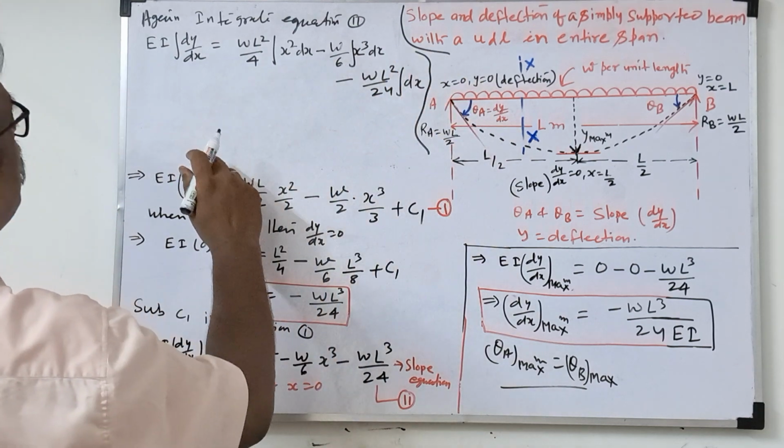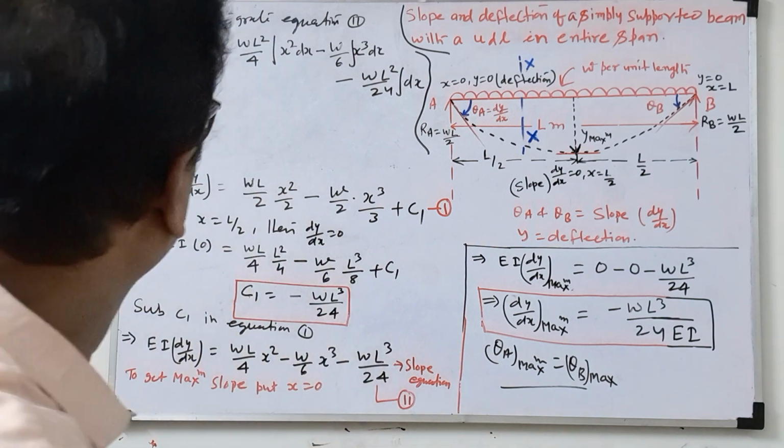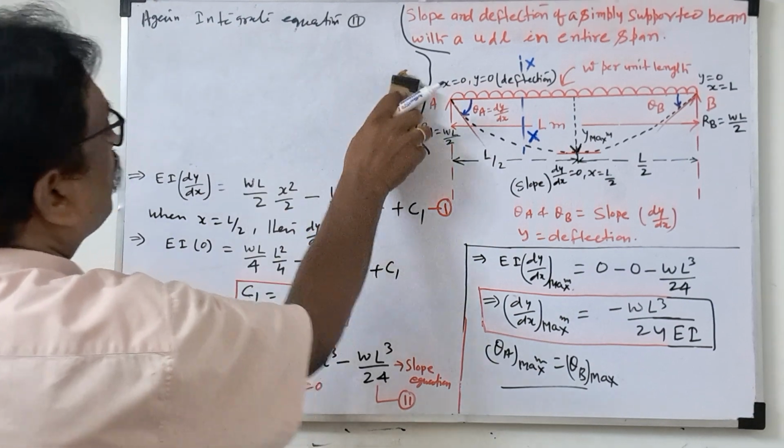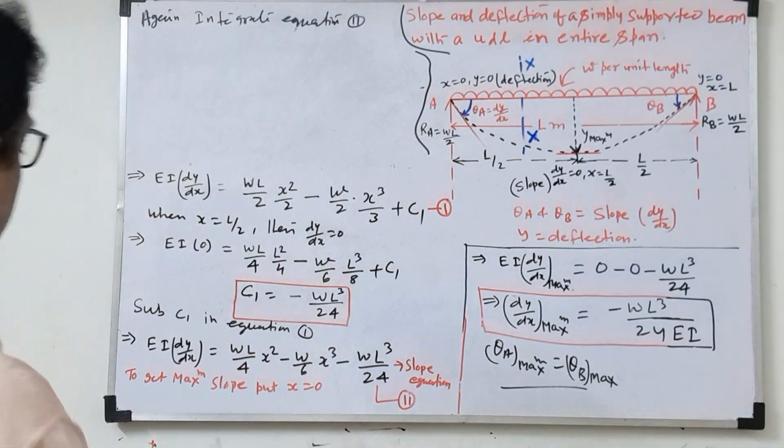I'll write it again in one line, it will look good. So slope equation now I will write here again.